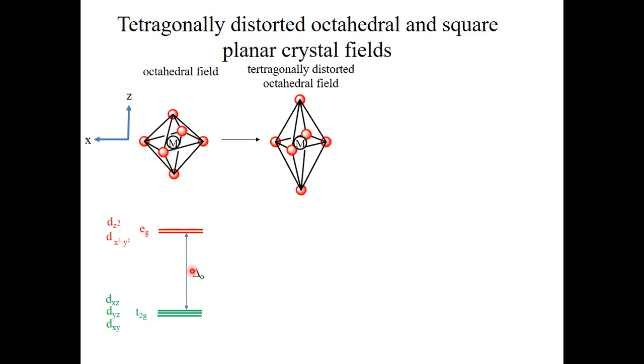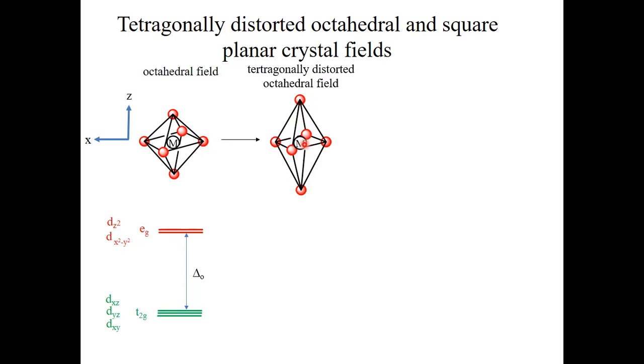Okay, so we assume an elongated distortion as an example, and that moves these two ligands in z direction further away from the metal.